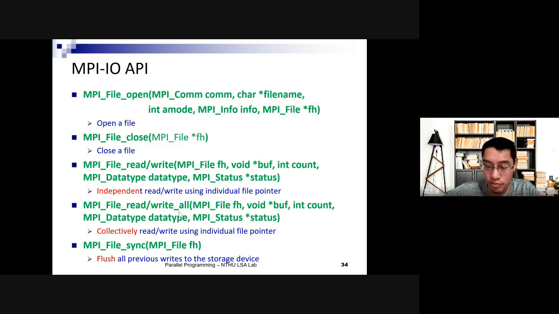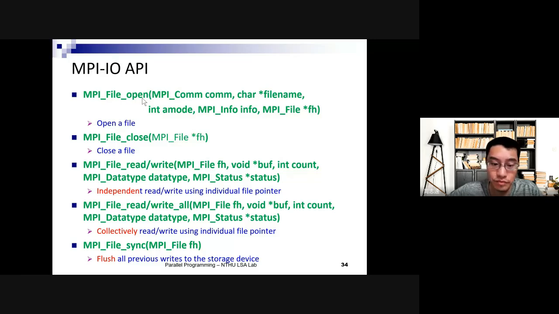Otherwise they will wait for it, just like MPI broadcast or MPI reduce, etc. And for open, close, and sync, most of the API calls are collective as well, because they are file management calls. So supposedly they can only work if all the processes involved in this program make the call.